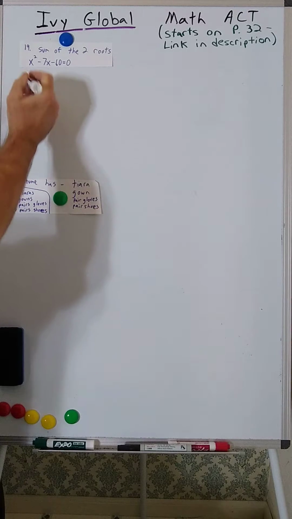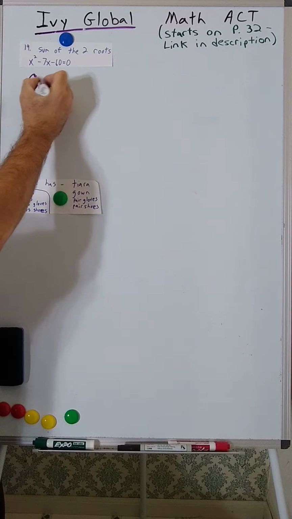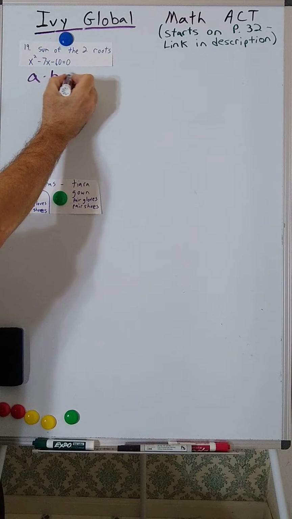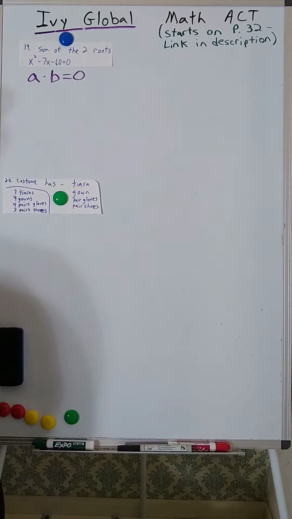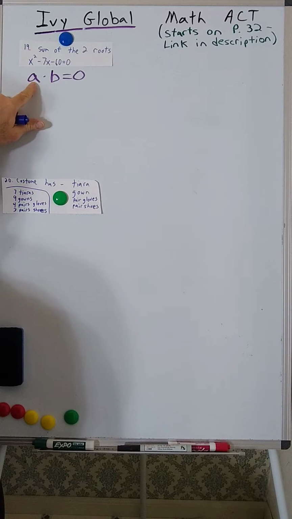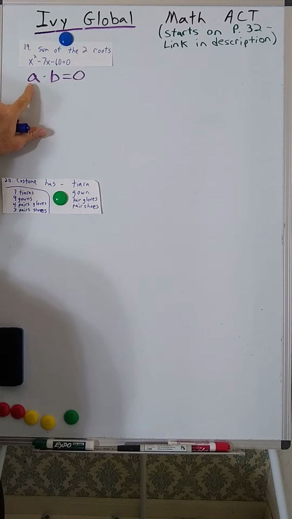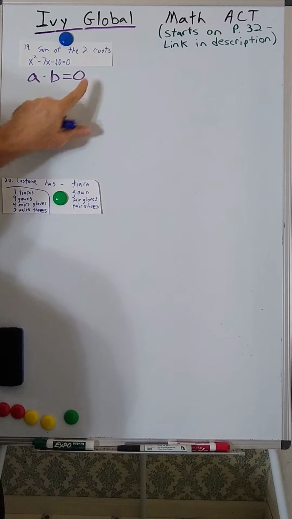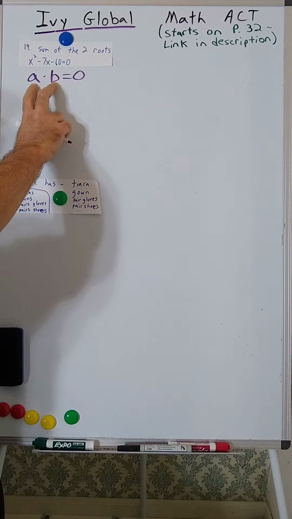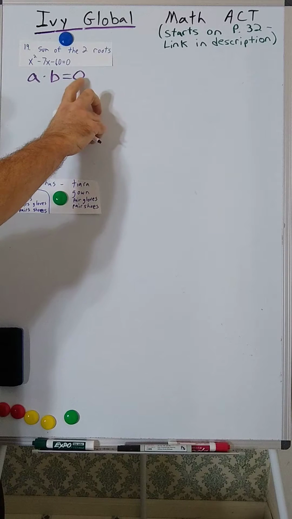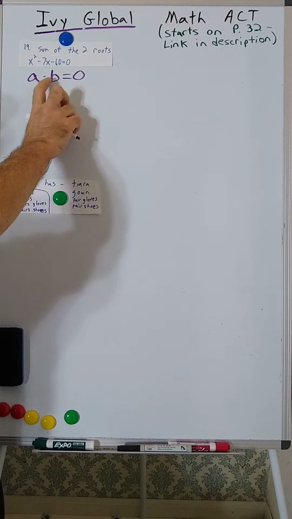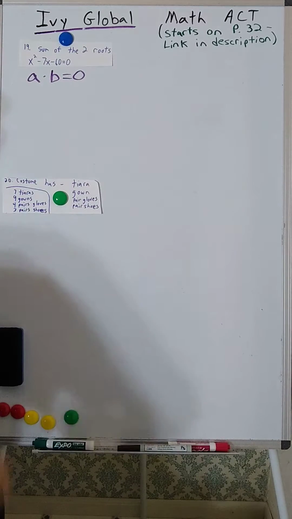Why is that important? Well, we know that if the product of two numbers is 0, one of them has to be 0. If a is 0, 0 times b is 0. If b is 0, a times 0 is 0. So when we have a product of two numbers which is 0, one of those factors has to be 0.